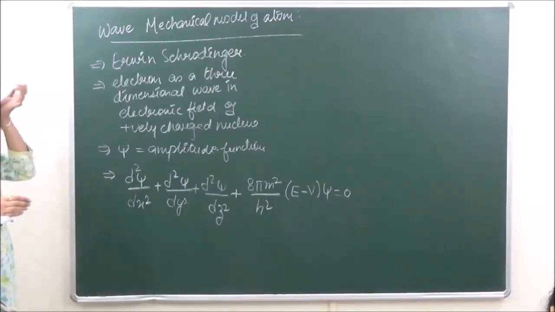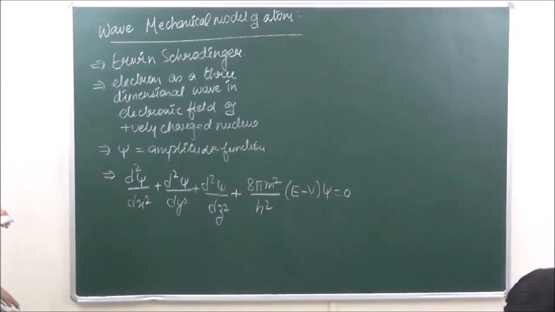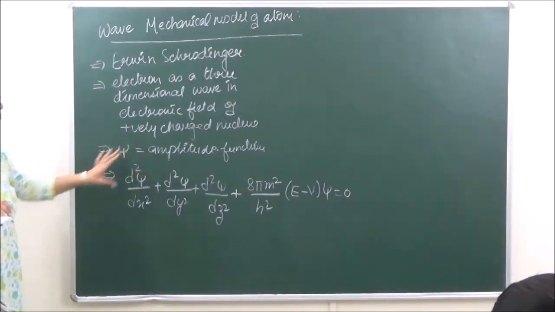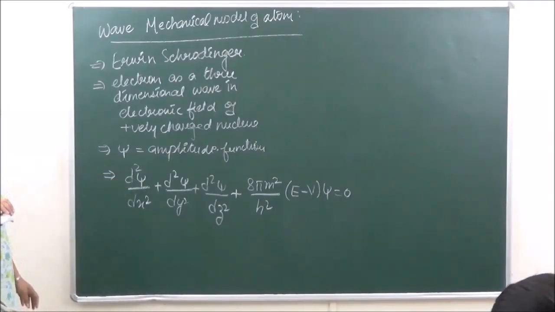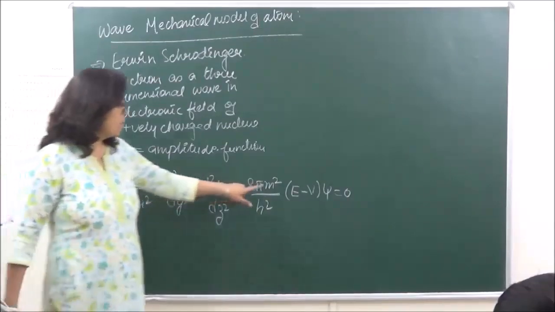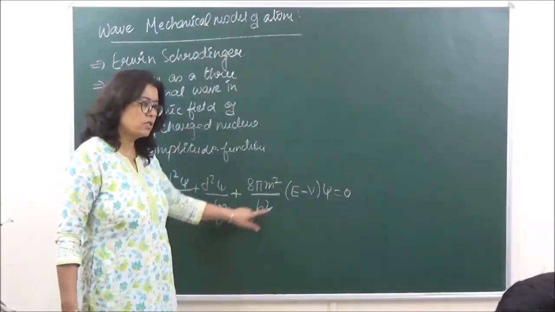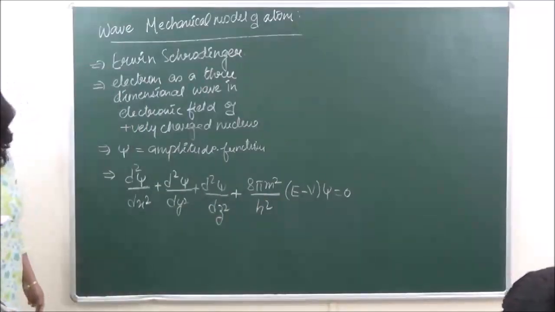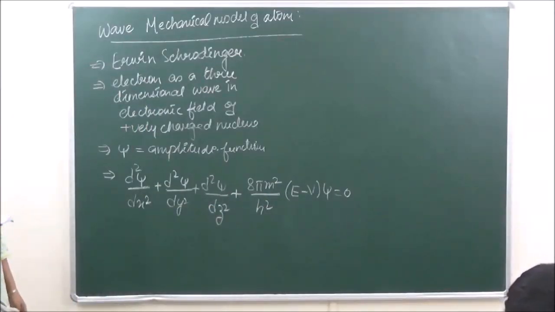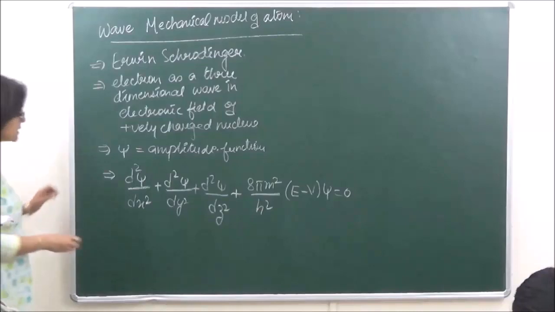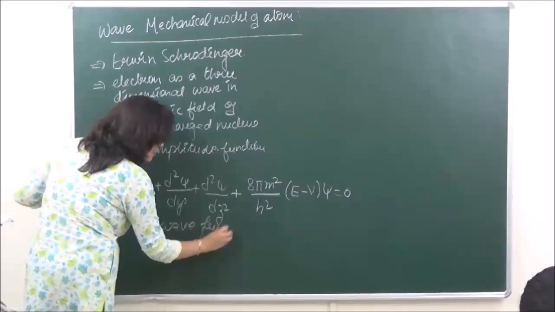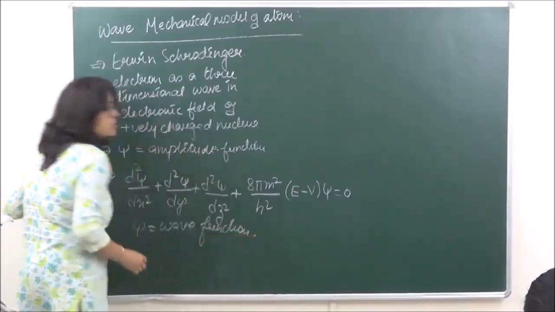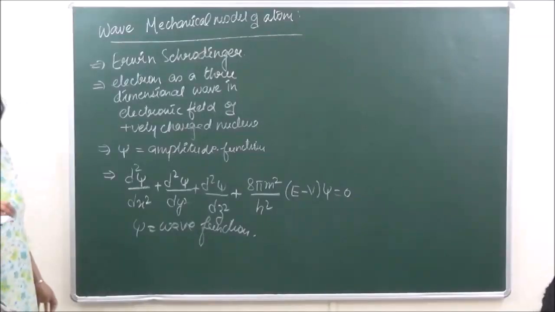Right? Although it's very difficult to explain this equation, what we can gather from it is the function of psi. Here m is the mass of the electron, h is Planck's constant, E is the energy associated with the electron, V is the potential energy of the electron, and psi is known as the wave function.